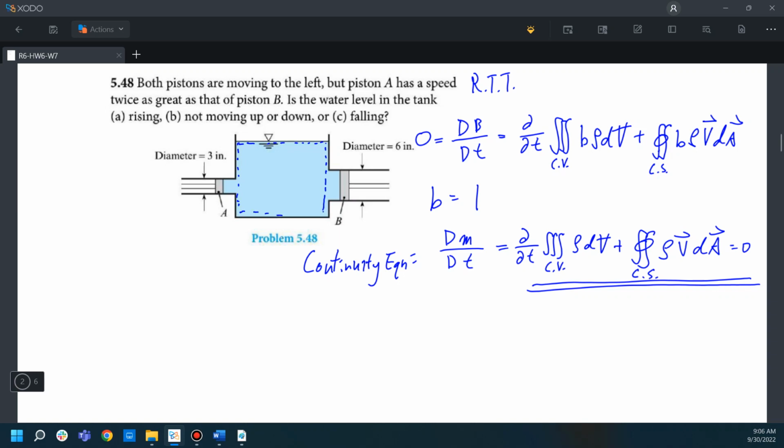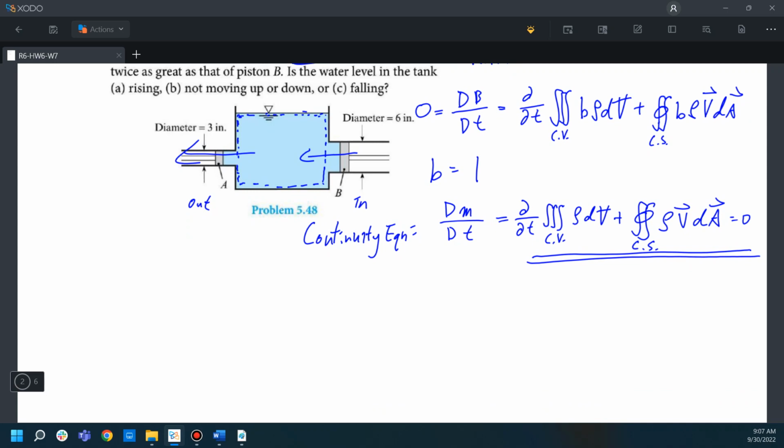Okay. So when the pistons move left, this becomes the outflow, and this is the inflow to this control surface, which also has the boundary of this dotted line.